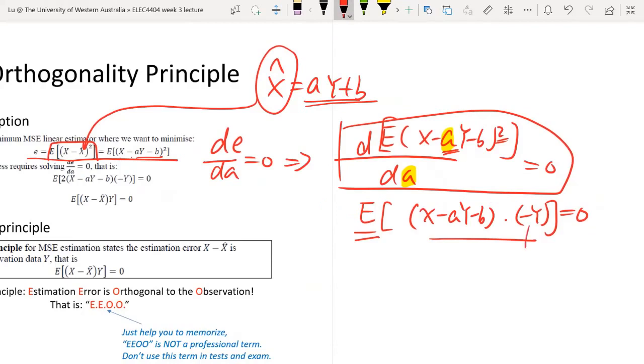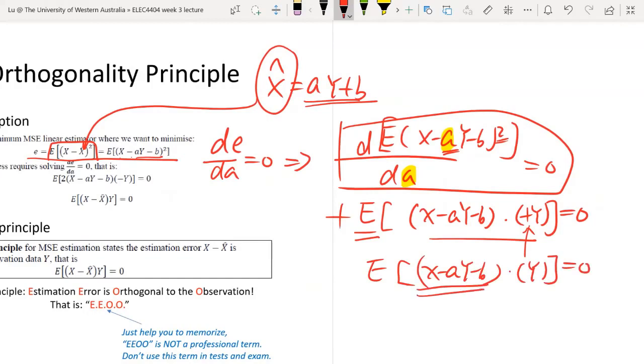And the negative sign doesn't matter. The expectation of negative something is the same thing. We can move negative 1 out of the expectation, and then cancel it on both sides. So it's positive. After this step, we got the expectation of x minus ay minus b, times y, equal to 0.